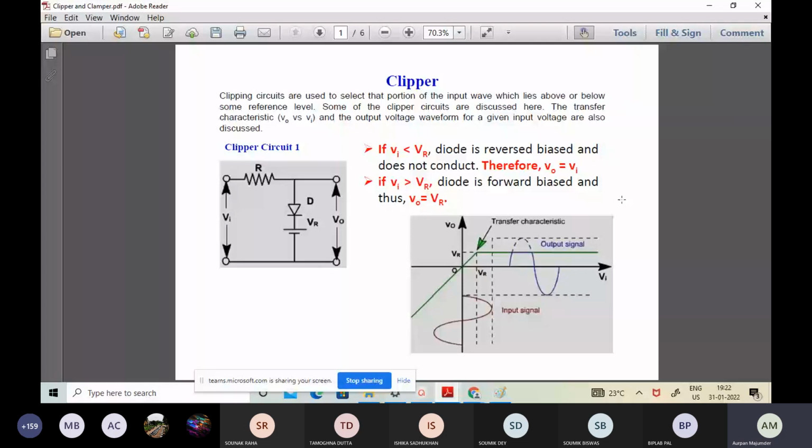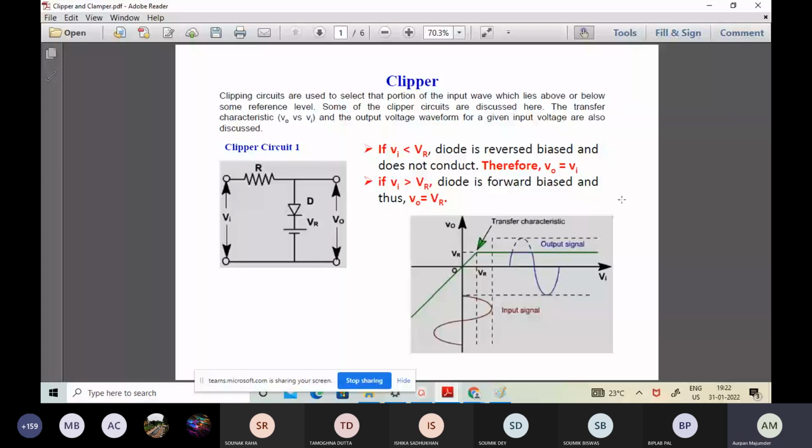Now you want to convert that sinusoidal signal to a waveform where the DC level of the signal is shifted to some plus value or minus value. So depending on that, you can design making use of a positive clamper or a negative clamper. That is clamping or restoring to a different DC level apart from zero. That is about the clamping operation.